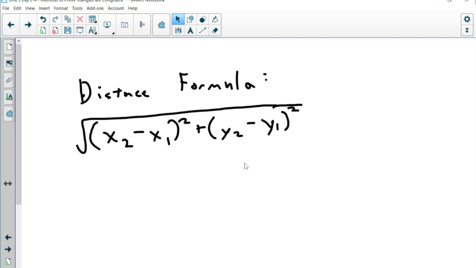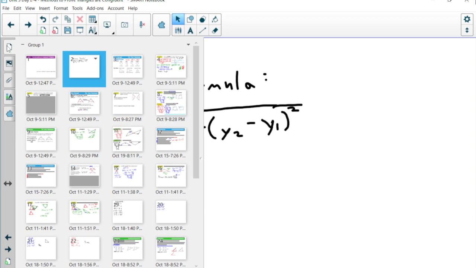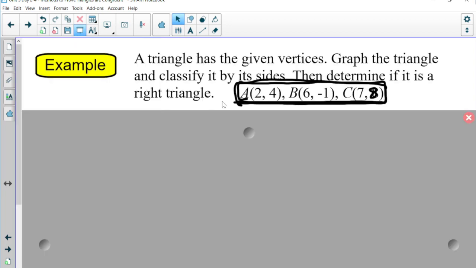One more minute. Again, don't forget I made that change for point C. Instead of 7, 1, it should be 7, 8. Because that's going to change where the triangle is, what it looks like, and what our distances turn out to be.